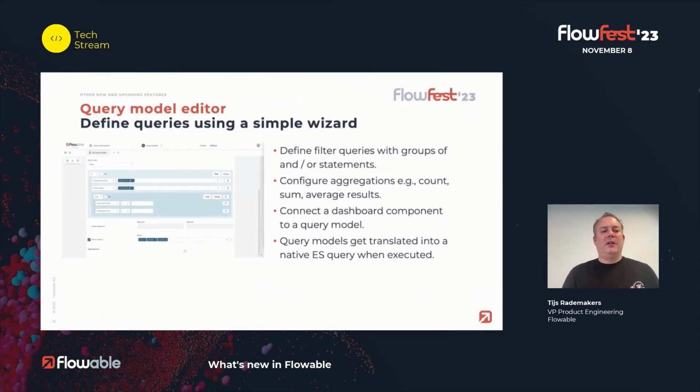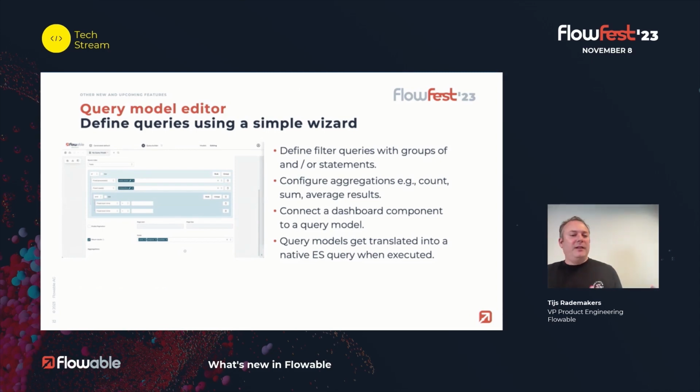So this is a small overview of how the query editor looks. So it's really helping you to define a query. It's quite advanced, so you can also define groups of and/or logic and combine that. You can configure aggregation, so you can do counts, sums, average kind of results, and show that nicely in, for example, a single value dashboard component.